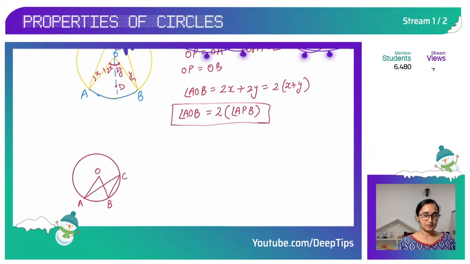That the angle at the center, that is angle AOB, is double the angle on the circumference. And what is the angle on the circumference? That is angle ACB, right? This angle ACB. Fine. So how do we do this? In the previous question we drew a line and divided, and we used some properties of triangles.